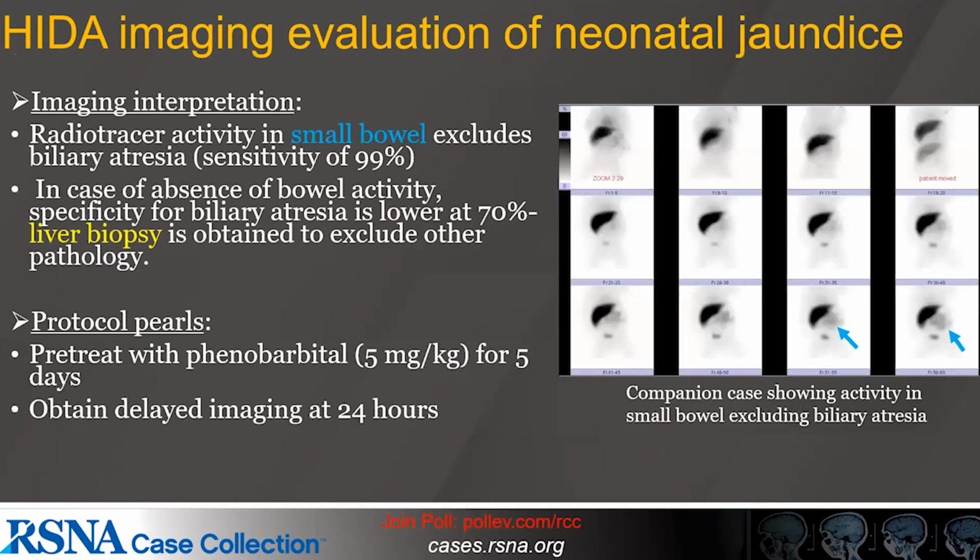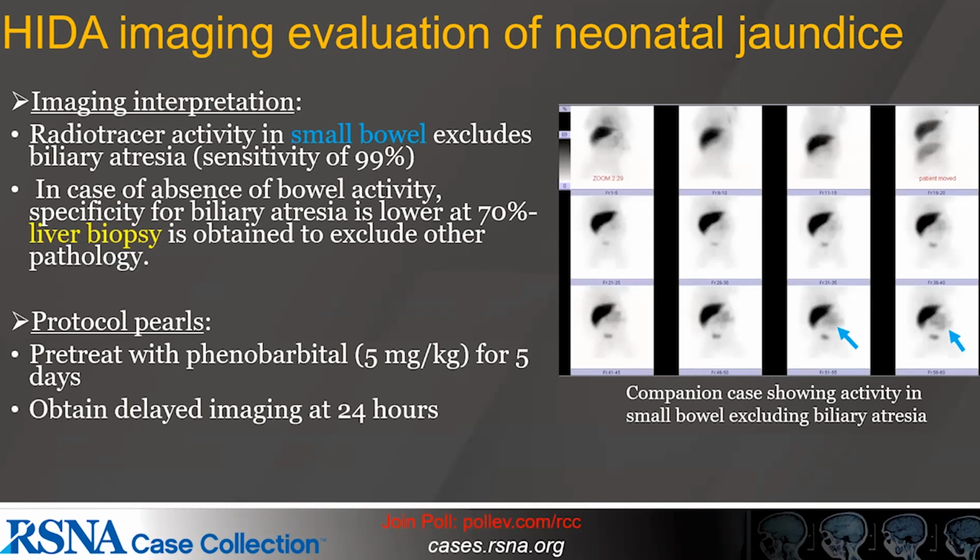Next. So in patients with neonatal jaundice, HIDA is going to be super helpful to stratify which patients would need biopsy and which would not. If you see radiotracer excretion into the bowel, as we are showing you here in this companion case, then this essentially would exclude biliary atresia and would favor hepatitis.